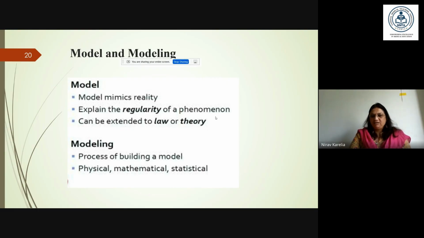Modeling is the technique or process of building a model. Modeling can be physical, mathematical, or statistical. Nowadays, in machine learning and AI, they prepare statistical models.